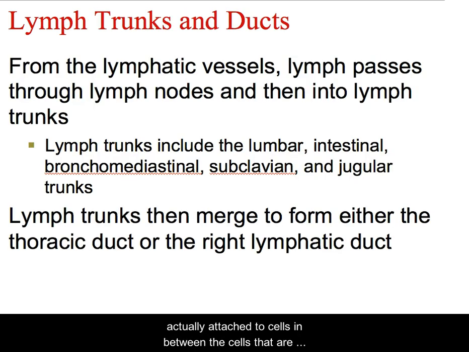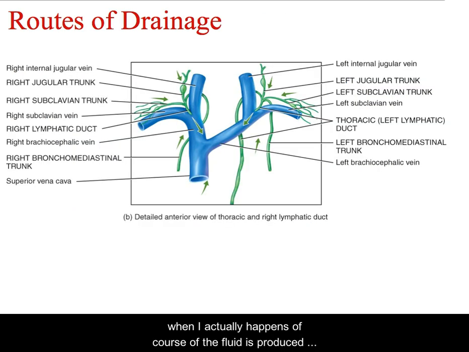And what's going to happen, of course, is the lymphatic vessels will pass through lymph nodes and then pass into lymph trunks. And the lymph trunks include the lumbar, intestinal, bronchomediastinal, subclavian, and jugular trunks, right? You definitely saw those inside lab, but here's an image of it in a little more detail where you can see here traveling up through the thoracic trunk itself, delivering itself into the thoracic or left lymphatic trunk.